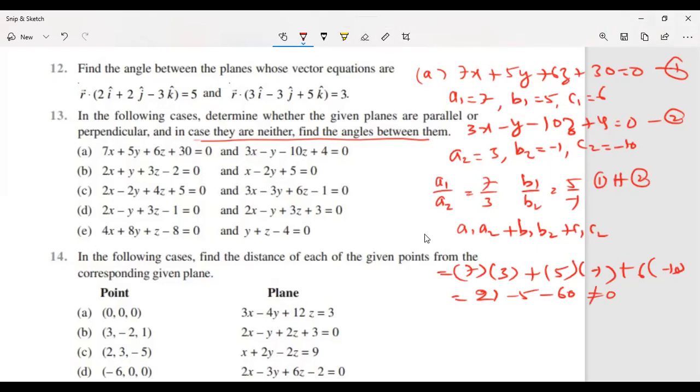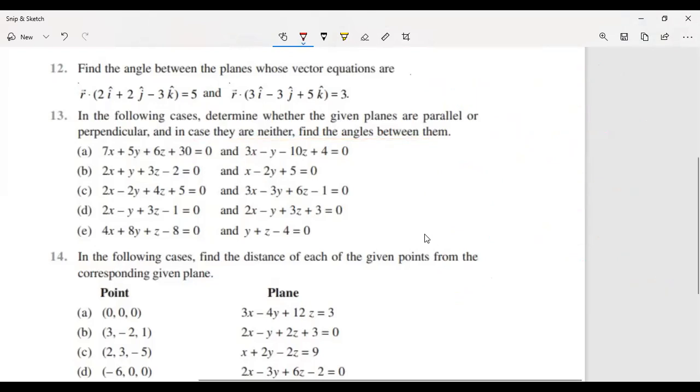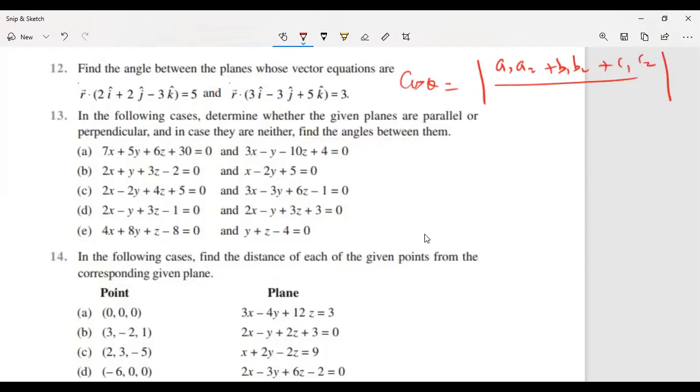Now, finding the angle between them in the Cartesian form, the formula is cos theta is equal to a1 a2 plus b1 b2 plus c1 c2 upon under root a1 square plus b1 square plus c1 square into a2 square plus b2 square plus c2 square.